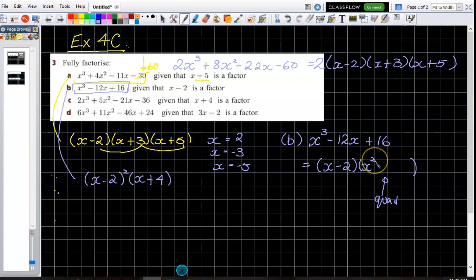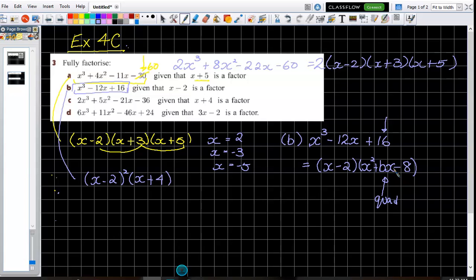I should be able to get that term, and I should be able to get the last term. So minus 2 times what gives me 16? Minus 8. Excellent. But remember, there's this term in the middle. We don't know what it is, do we? By this time, we should get used to the fact that we call that bx.